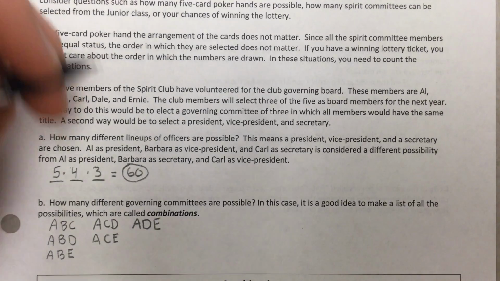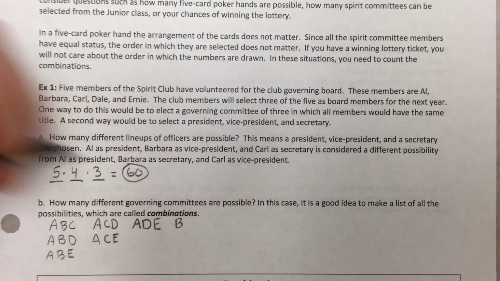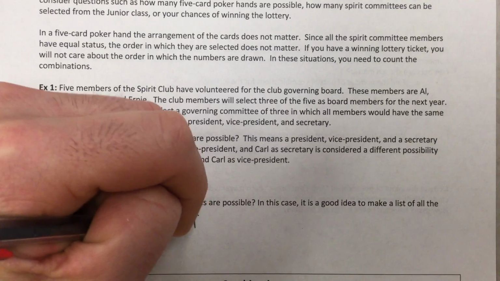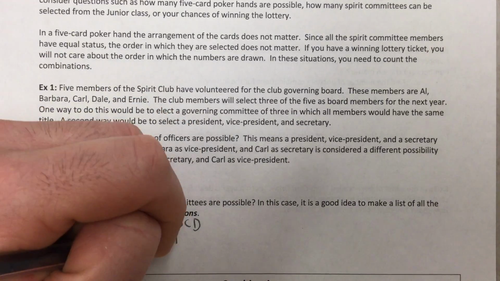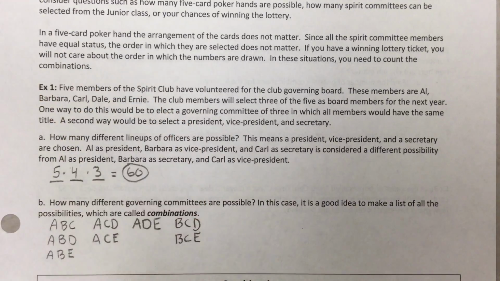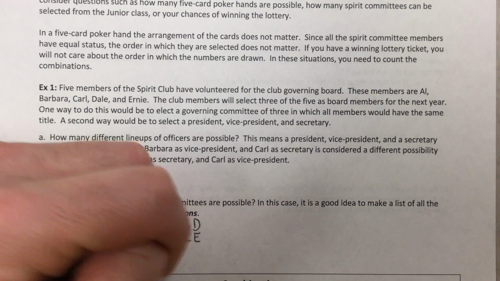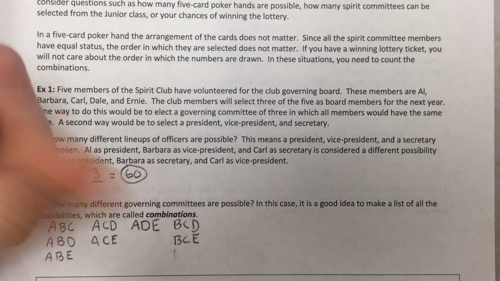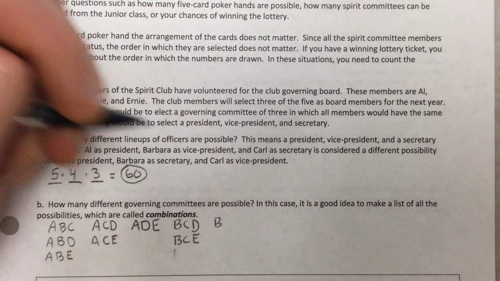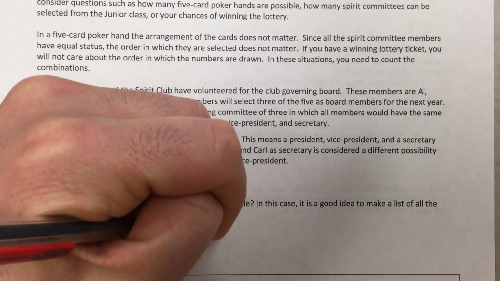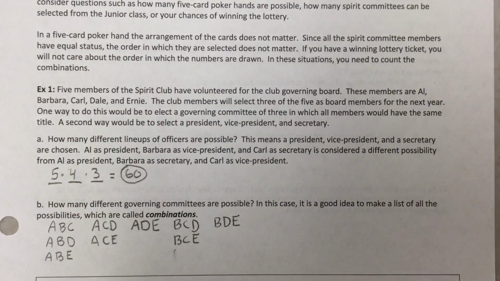And then I could go to the ones without Al. So I could do Barbara, Carl, Dale, Barbara, Carl, and Ernie. And then I could get rid of Carl and do Barbara, Dale, and Ernie.